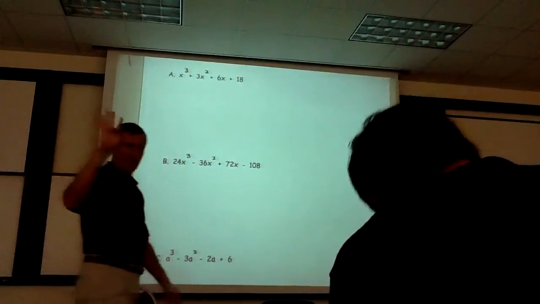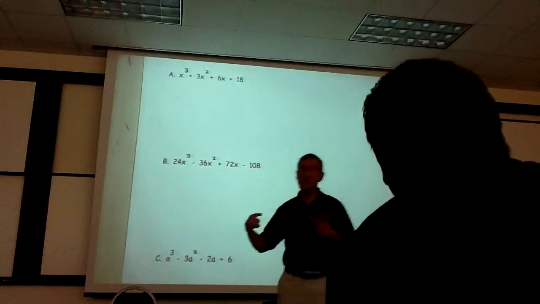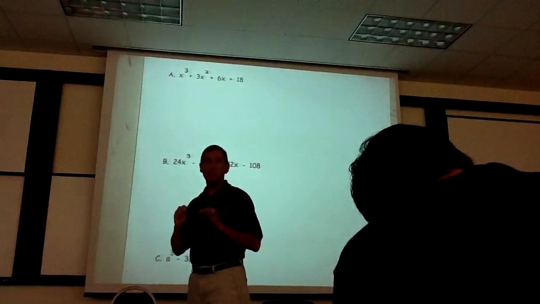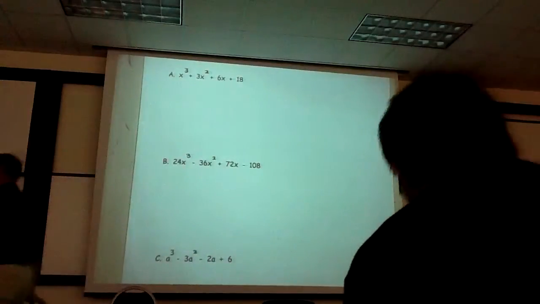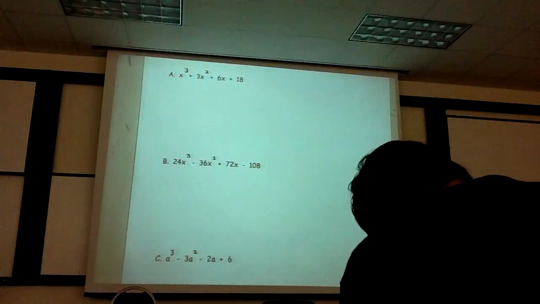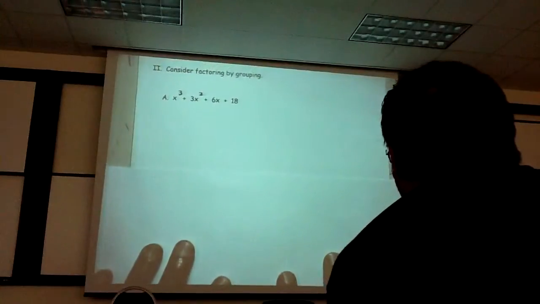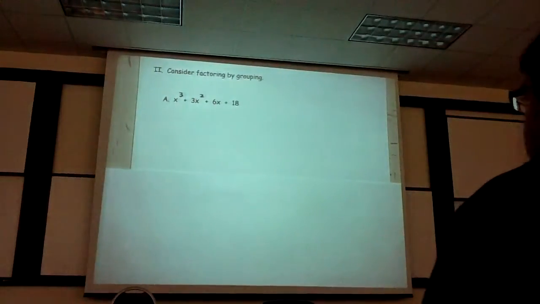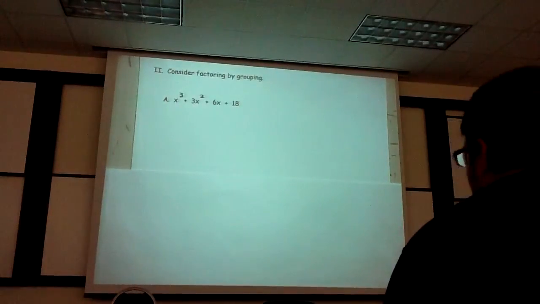When you see 4 terms, the first thing that ought to come to your mind is, I wonder if we're going to do factoring by grouping. And chances are, you are. So the presence of the 4 terms lets you know that factoring by grouping is your best option.